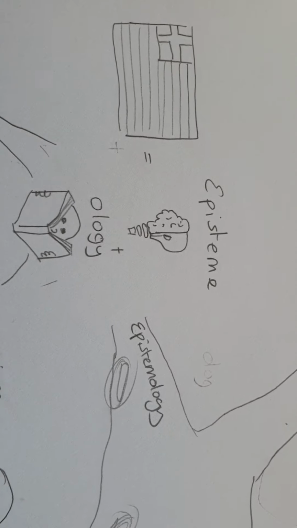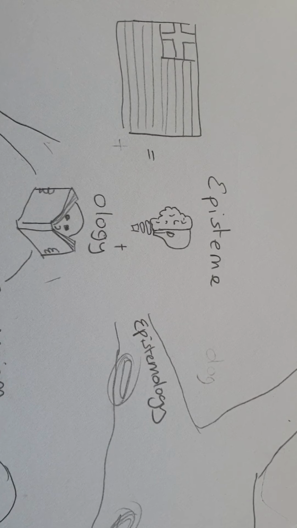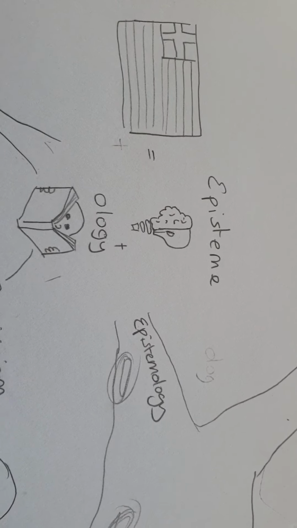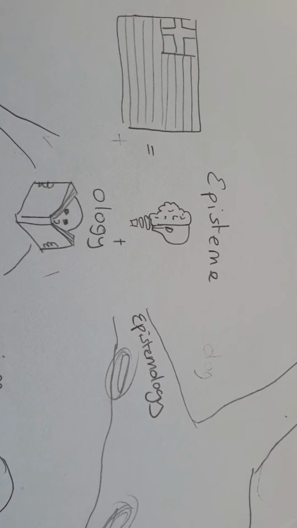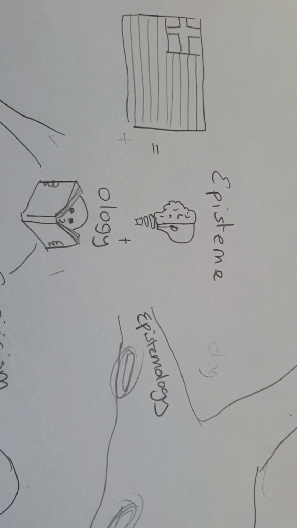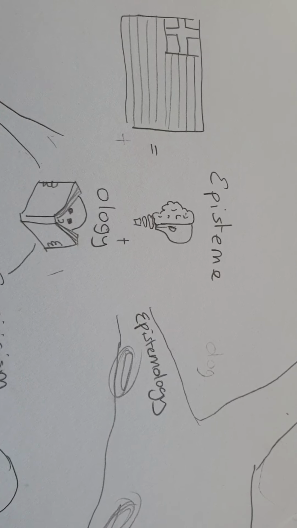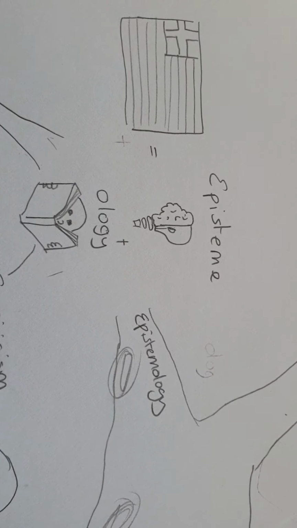So the third branch of philosophy is epistemology. Epistemology again has Greek origins for the word, and it comes from two words, one being episteme, which means knowledge, and the other ology, which I'm sure you're very familiar with. It's a common suffix of words, so an ending to words, and it just means the study of.